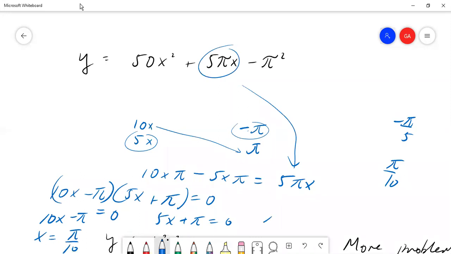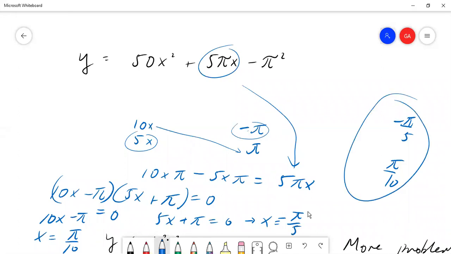And from here, the solution is negative pi over 5. So yes, those are the correct solutions. Is this making sense? Don't be afraid by weird numbers like pi.